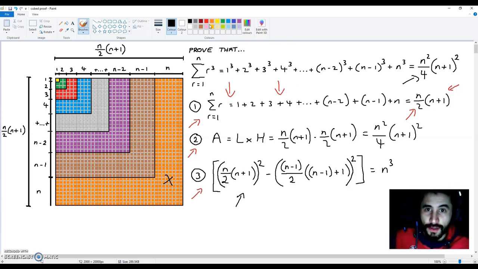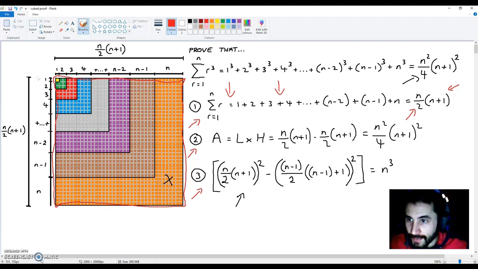Let me explain this more clearly. We get this entire square over here, and we subtract the brown square from it, in order to be left with just the orange area within the square.